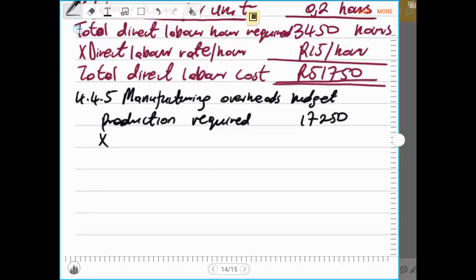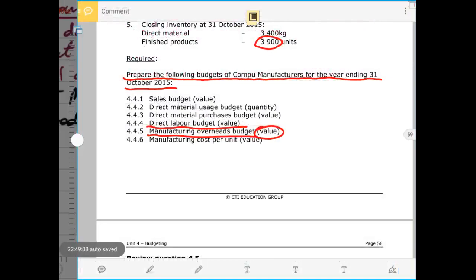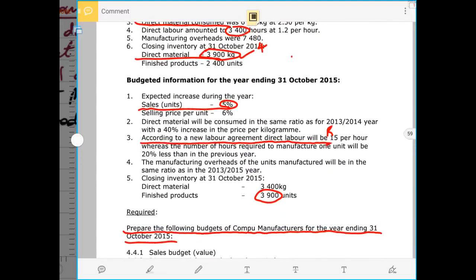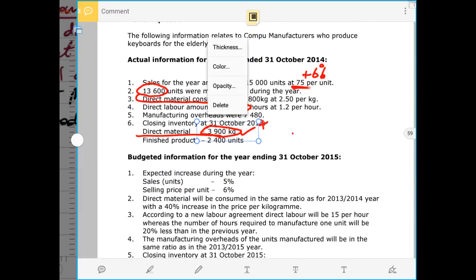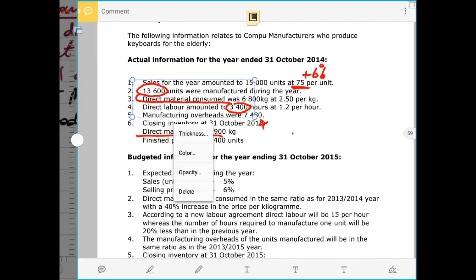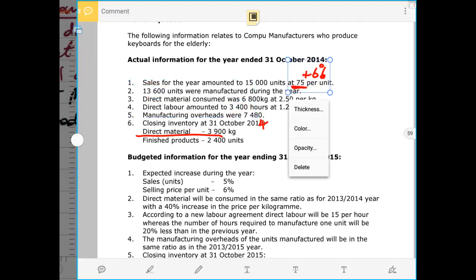Then we have to multiply by the overhead rate per unit if we are given per unit. If it's given to be per labor hour, then we use the per labor hour. But when it comes to our overheads, we were not told how our overheads are allocated, or in what base they are supposed to be allocated. So we don't know the base.